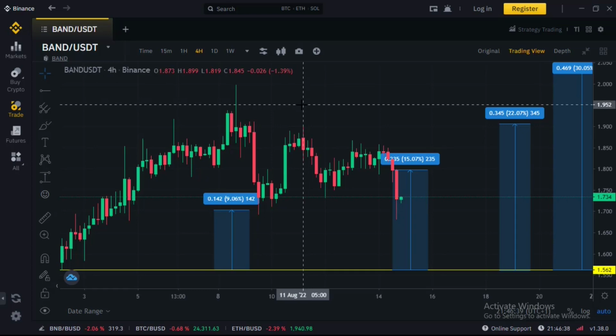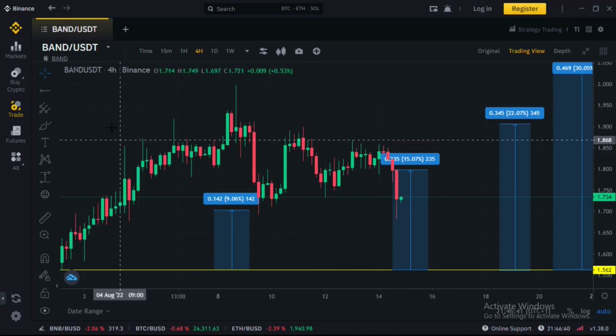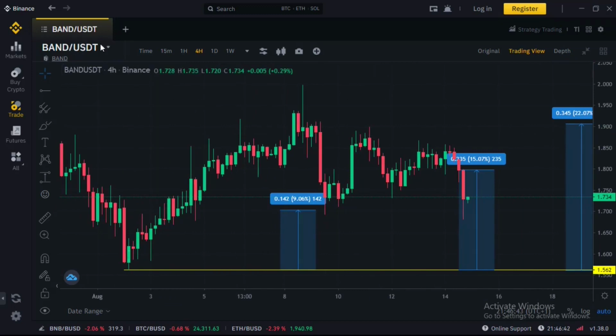For example, the most current bullish trend section of the BAND USDT cryptocurrency pair started from the lowest price of this green candlestick bullish trend starter, which is $1.562.